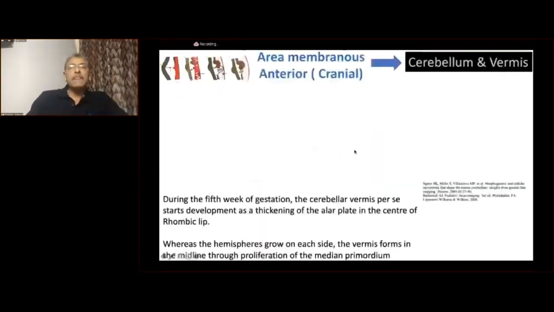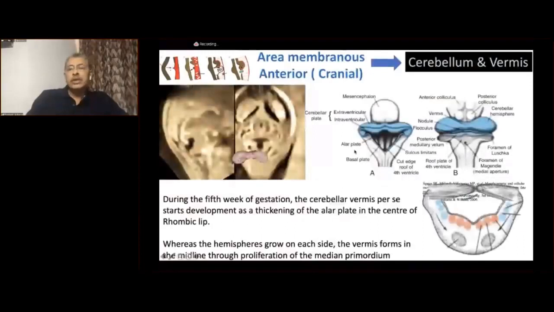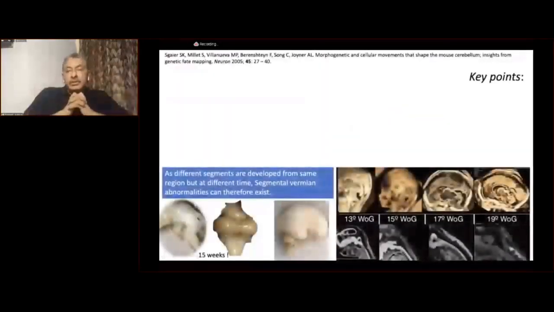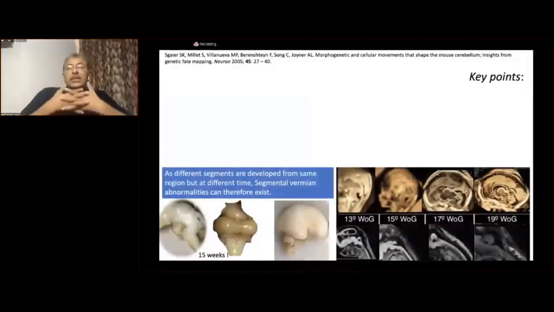Not only that, as I told you, anterior and posterior aspect, lateral aspect, the central region, the vermis is developing. Now, there are some different kinds of systems which develop. They are all different from the cerebellar hemisphere. That's the reason we'll have to understand it separately.